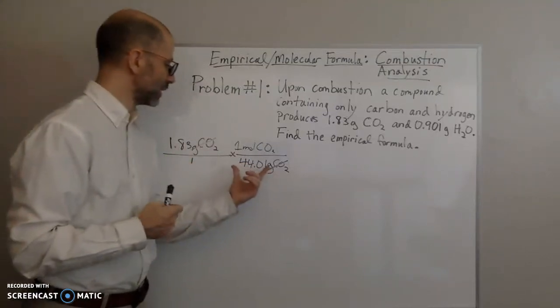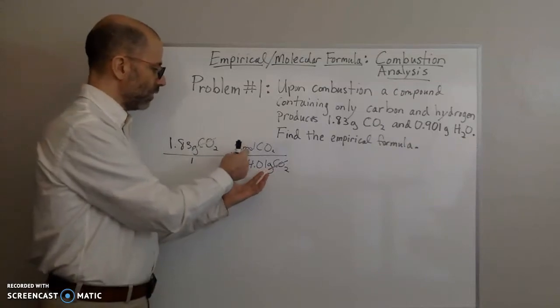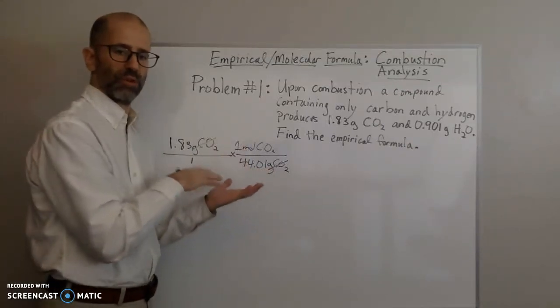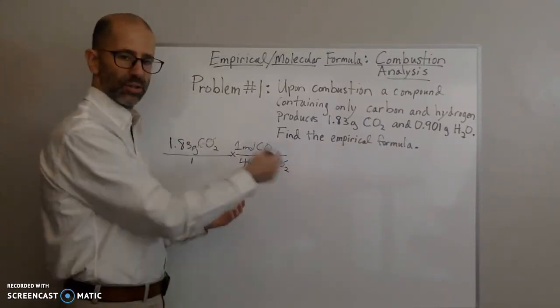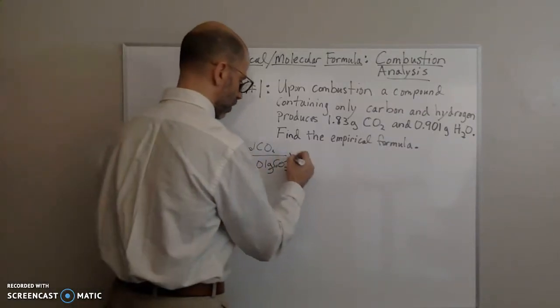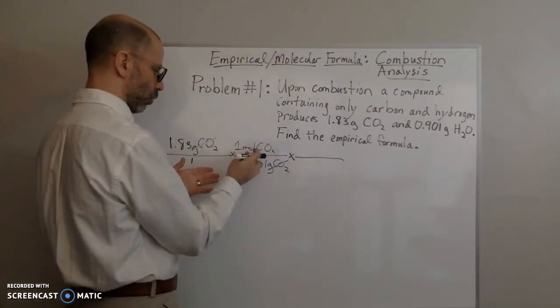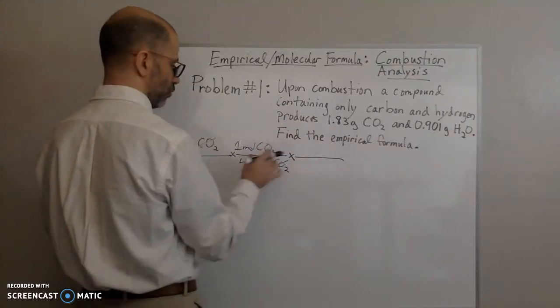So the next thing is, now that I have moles of carbon dioxide, I can use the mole ratio in the formula to convert from moles of carbon dioxide to moles of carbon. Instead of stopping and calculating, I need to get to moles of carbon anyway. So I'm going to now use the mole ratio.